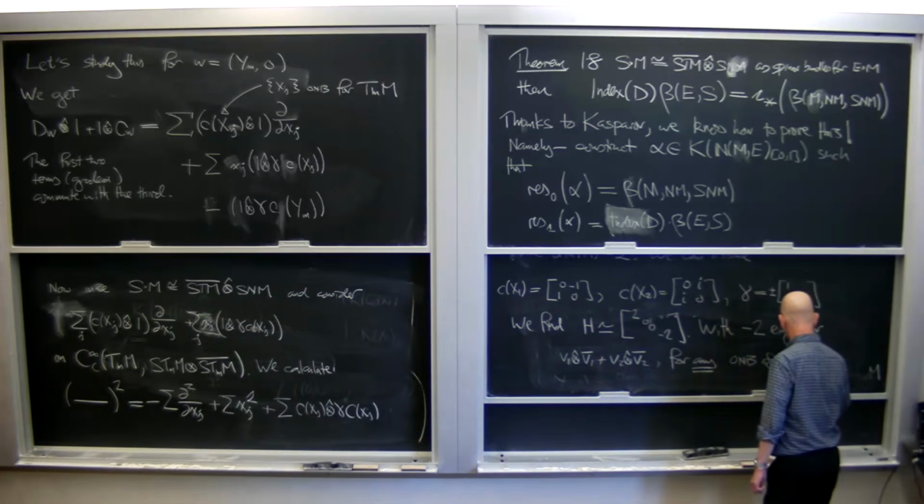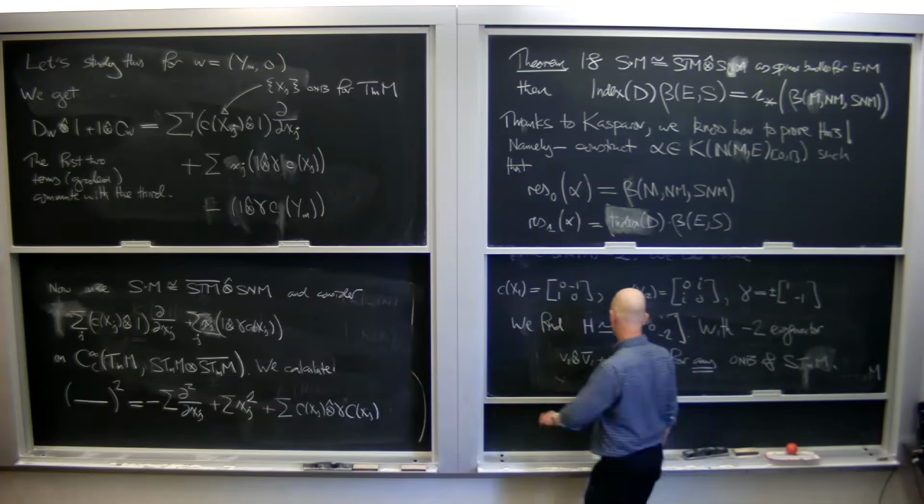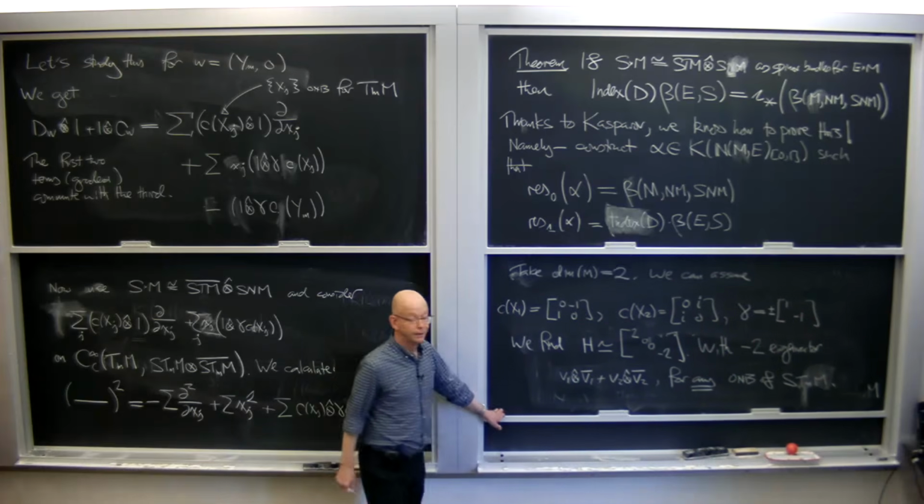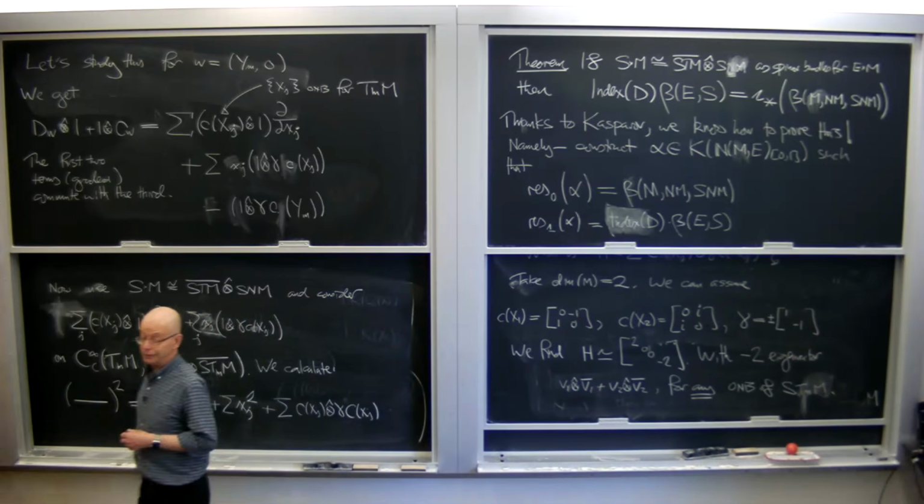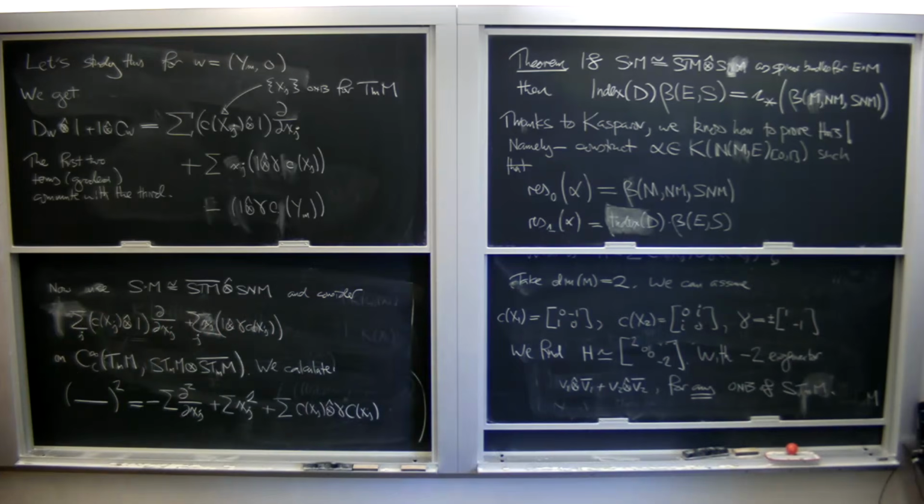S being the spinor bundle, STMM, I guess we called it. There's something canonical about the -2 eigenvector, and coordinate free, which is not true, or not completely true, about the other eigenvectors.